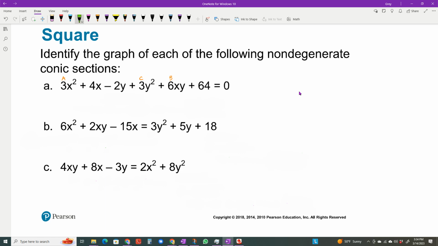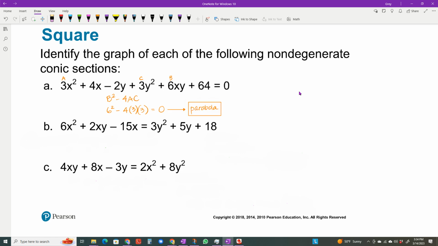And they do have to all be on the same side of the equation, which they are. So my formula was b squared minus 4ac. And if I plug in, b is 6 squared minus 4 times a times c. And that is equal to 0. And if it's equal to 0, then we know we're going to have a parabola.